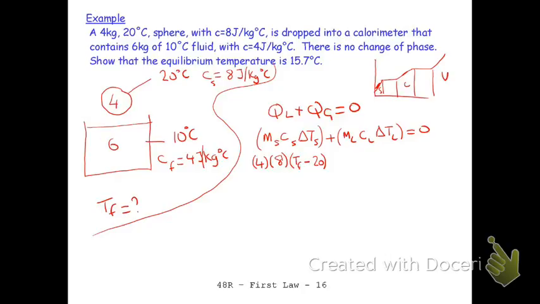That's all right. It is a negative bit. It's Q lost. Then we add on to that the mass of the liquid, which is 6, times the specific heat of the liquid, which is 4, times the temperature change for the liquid, which is T final minus our initial temperature, which is 10. Now the final temperature is going to be higher than 10, so that bit's going to be a positive bit, and that's how the two cancel each other out.